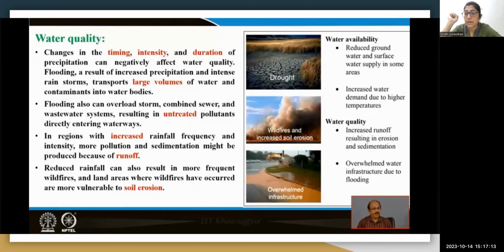As a result of flooding, there are chances in urban places that the stormwater drains and the sewage drains get mixed. This is also going to result in polluting the areas. So this is the impact of changes in the precipitation pattern on water resources.